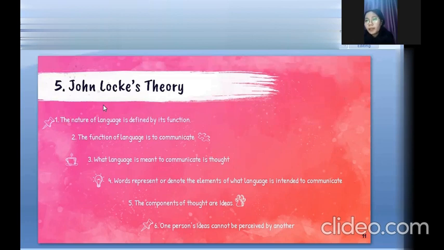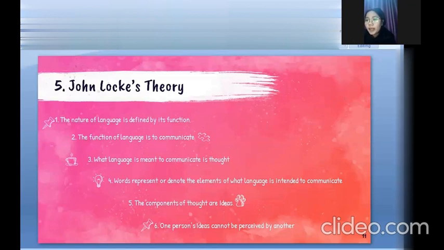This point, on the other hand, is a bit hard to understand, or you can say complicated, because Locke undoubtedly believes that words are signs and hence signify the components of thinking, and he occasionally employs the concept of meaning instead.